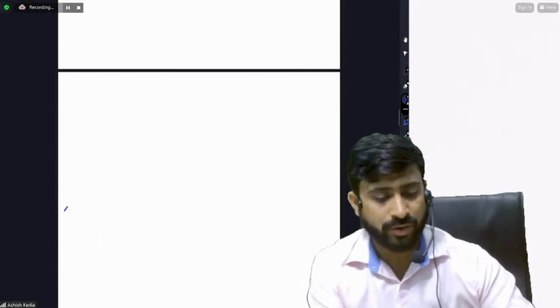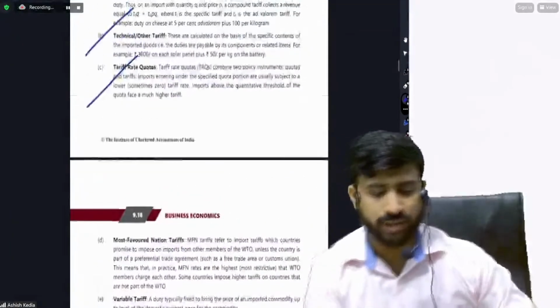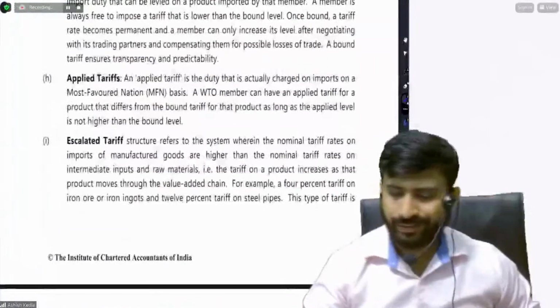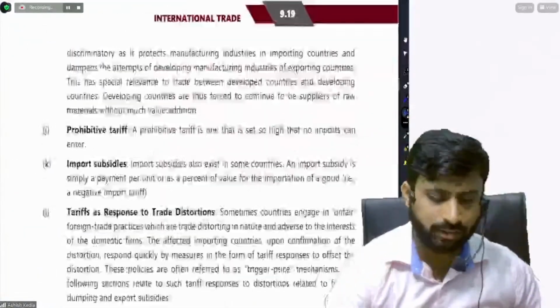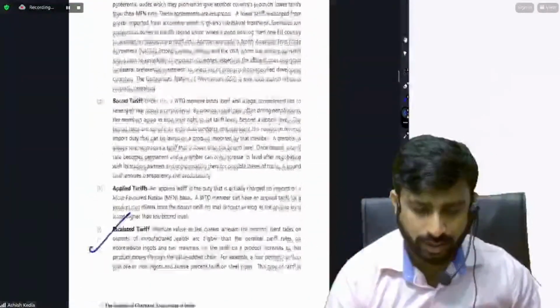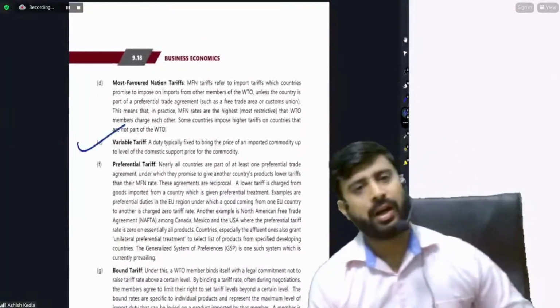Next, first of all, let's tick this in the institute material as well. As you can see, here it is. Escalated tariff done. Prohibitive tariff done. Okay. What else we had done? Variable tariff done. Understood?